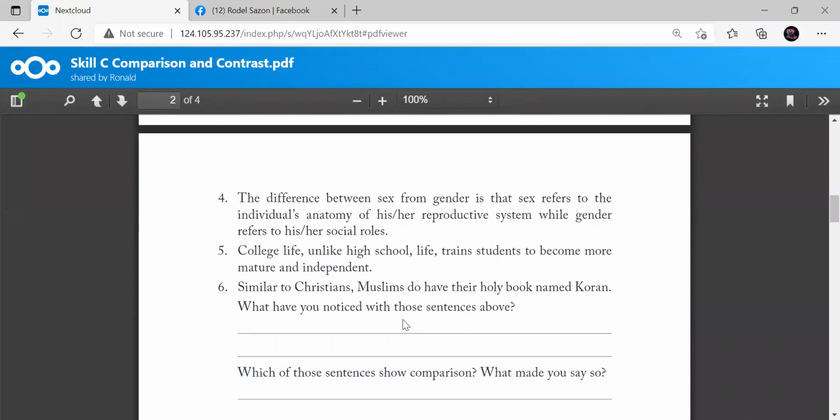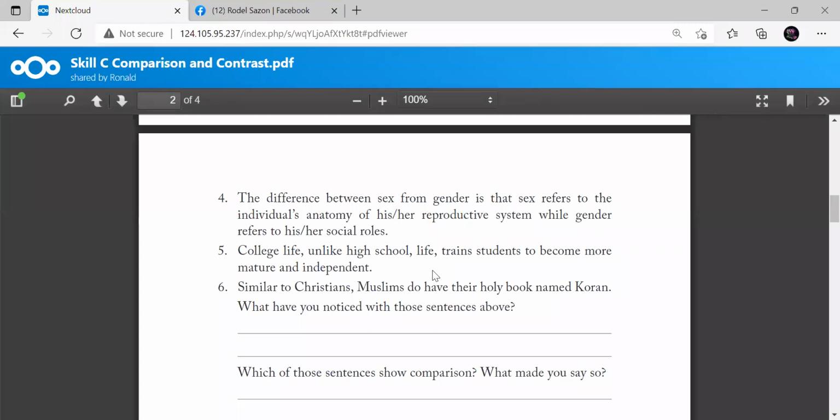Okay, number 5. Train students to become more mature and independent. Be specific.